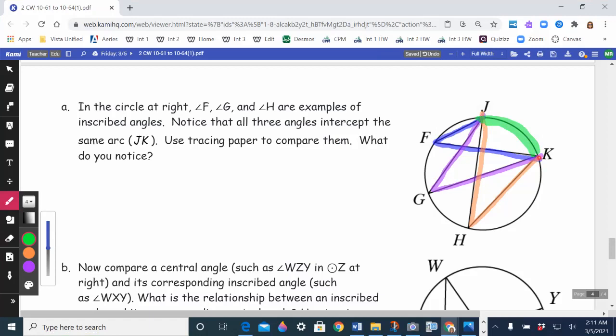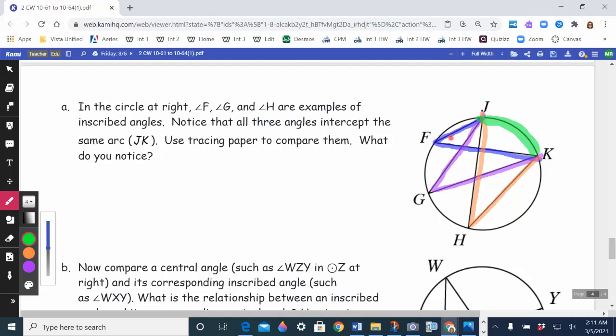So when you have an inscribed angle that intercepts an arc, and you have another inscribed angle that also intercepts that same arc, they are going to be the same measure.